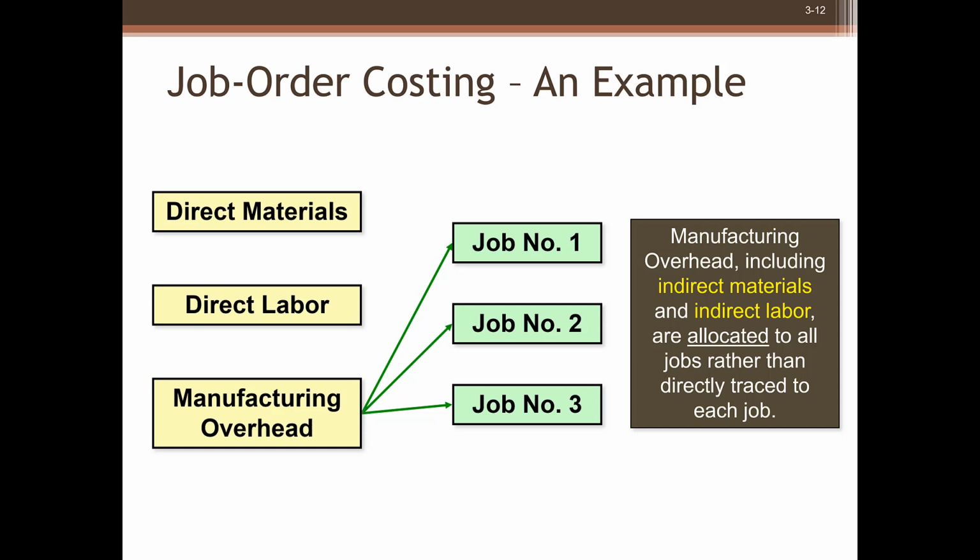However, assigning manufacturing overhead to a specific job is complicated for some reasons. First, manufacturing overhead is indirect cost, which means it's either impossible or difficult to trace these costs to a particular job directly. Second, manufacturing overhead contains different types of costs.